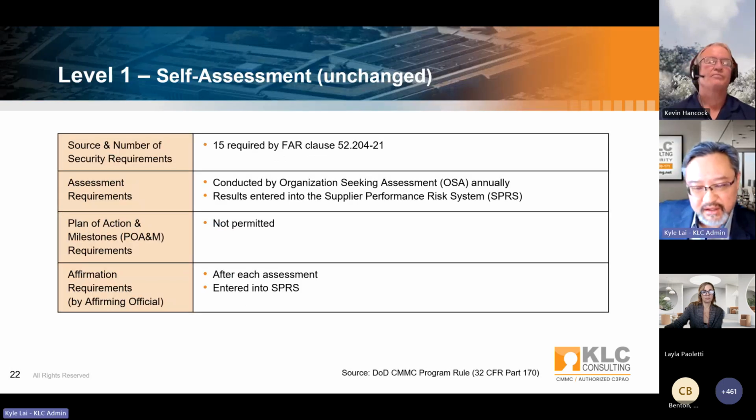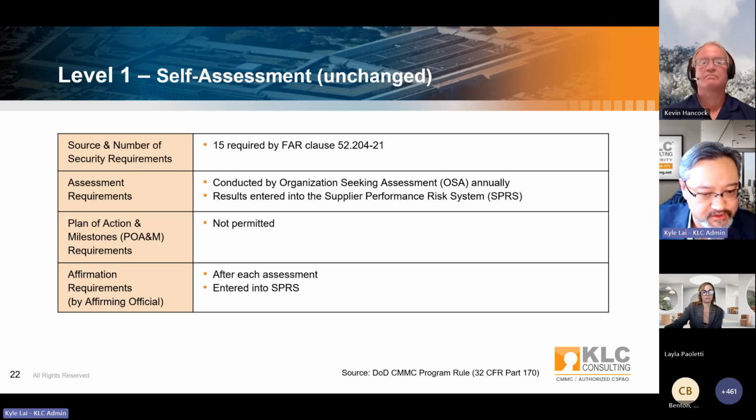Okay, very quickly, let's look at the different self-assessments, level 1, level 2, and level 3. Level 1 has not really changed. You just need to make sure you understand that there is no POA&M. You must complete all the requirements.